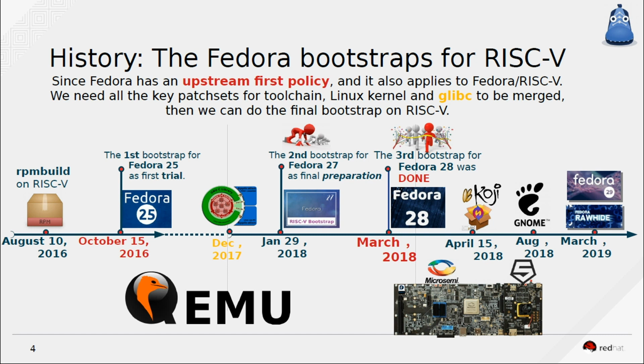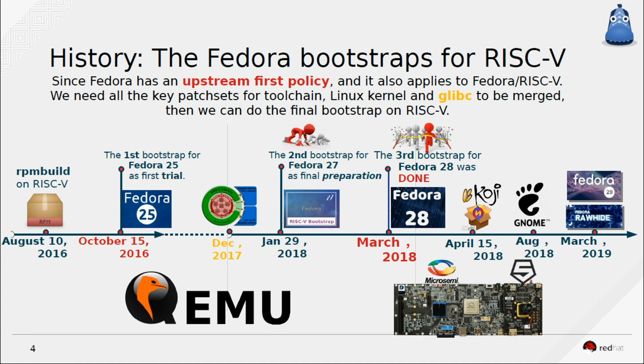After that, two other developers joined the development, and after 2 months they finished the first bootstrap for Fedora on RISC-V.